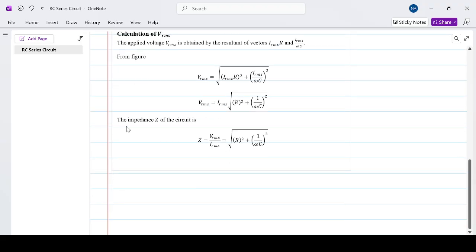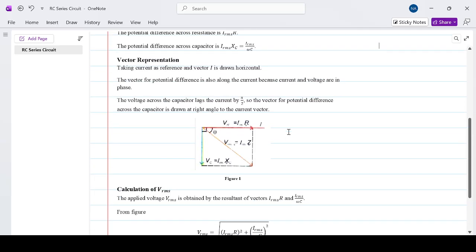Now the impedance of the circuit is Z equal to VRMS over IRMS. This is the definition of impedance of the circuit. From this relation, VRMS over IRMS is equal to the square root of R square plus (1 over omega C) whole square. So this is the impedance of the circuit.